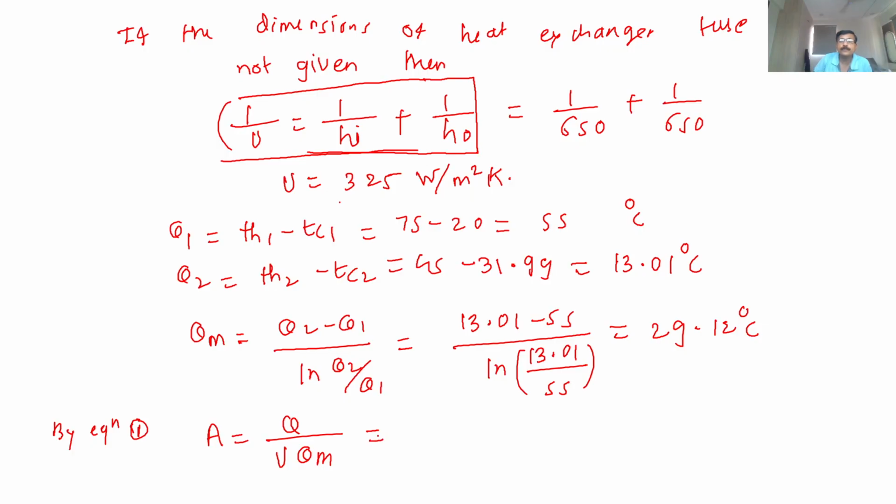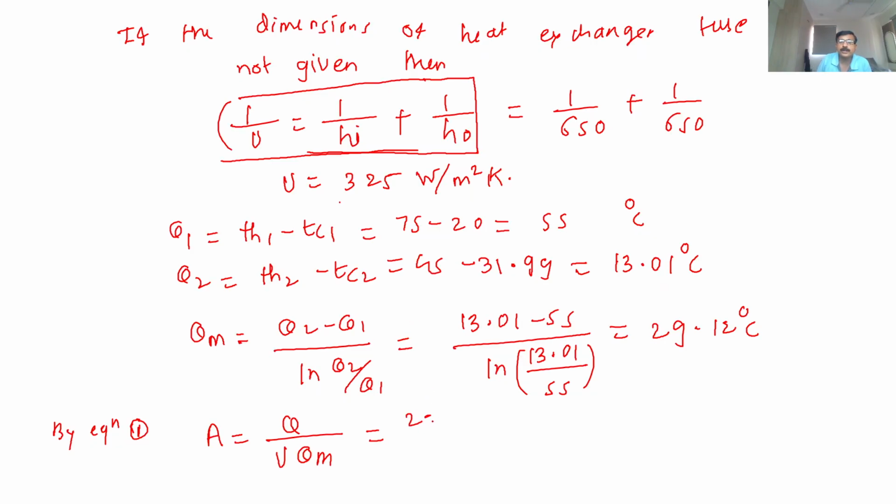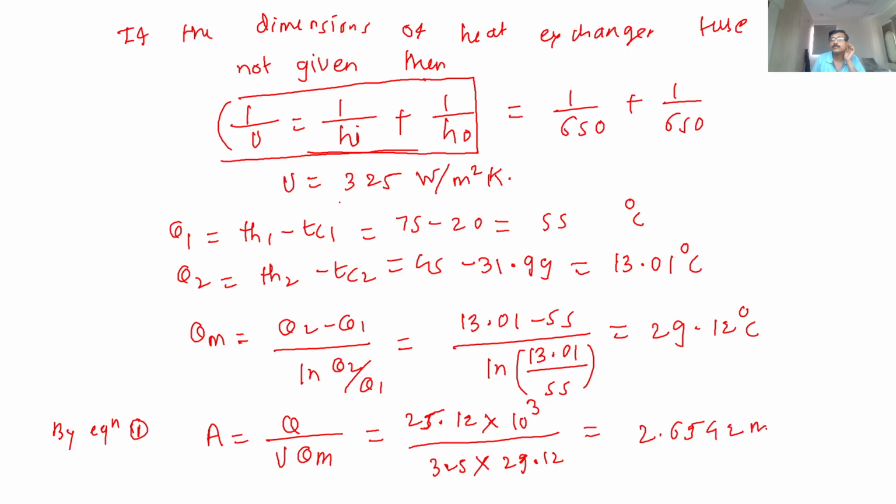What is the value of Q? 25.12 into 10 raised to, not minus 3, it is plus 3, divided by U, 325, into theta m, which is 29.12, and that answer is coming as 2.6542 meter square.